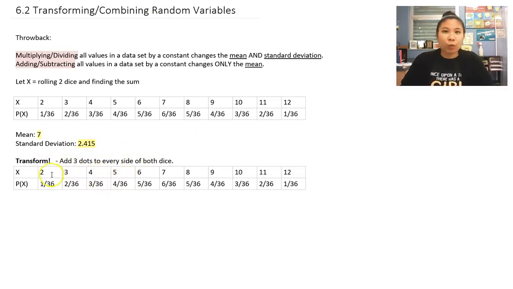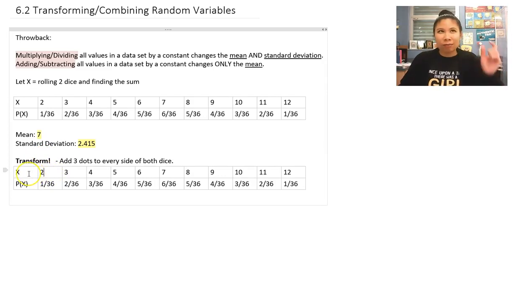So let's pretend we are taking our dice and drawing an extra 3 dots on every single side of the dice, for both dice. So that means instead of a sum of 2, the smallest number on each die is 4. So our smallest sum that we could get would now be 8. Then that means everything will end up getting added by 6, because we're adding 3 dots to each die.